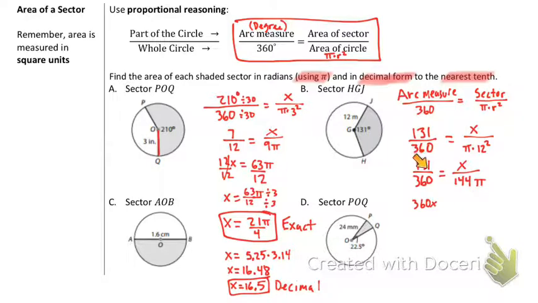And then 131 times 144. Let's throw that into our calculator. And that gives me 18,864. And pi comes along for the ride. And now we solve for x. So to solve for x, I've got to get rid of 360 by dividing both sides. 360s cancel out. And then we divide.